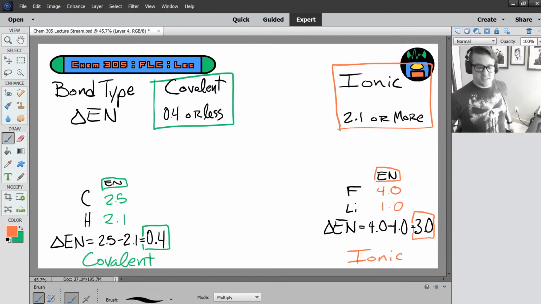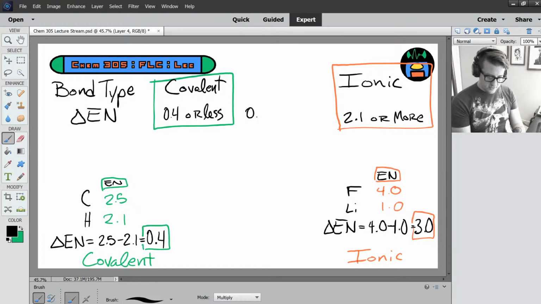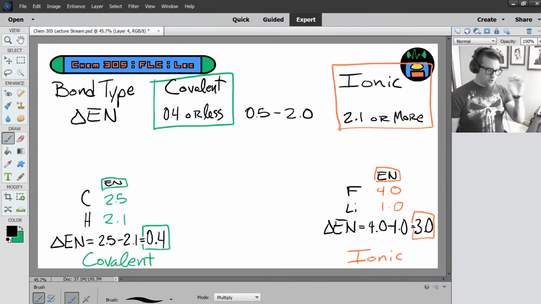So you may notice 0.4 or less, covalent; 2.1 or higher, ionic. What happens in this no man's land from 0.5 to 2.0? They're not covalent, they're not ionic. What are they?